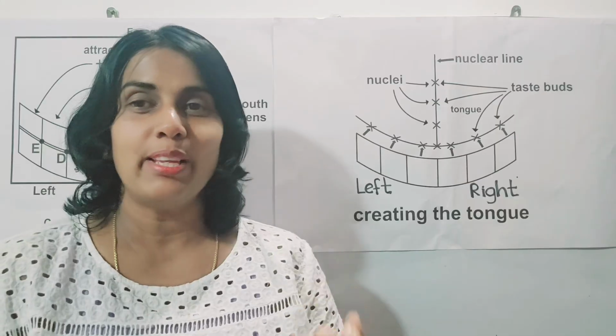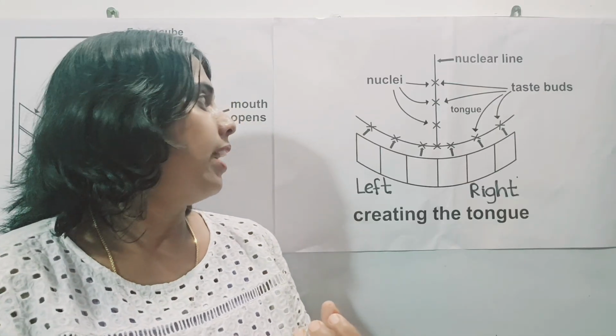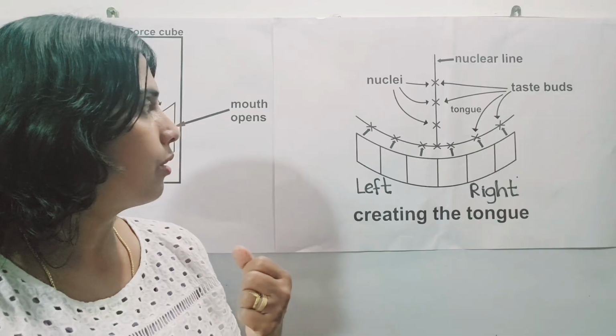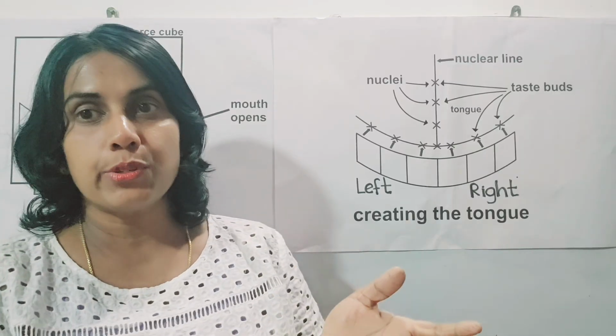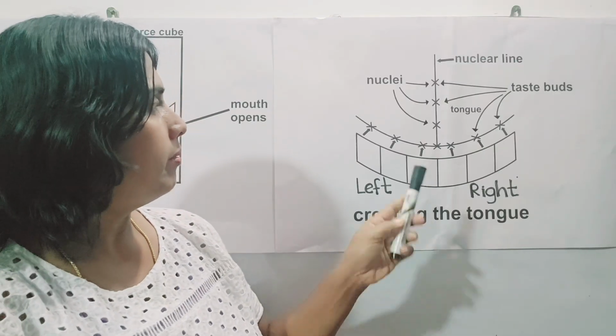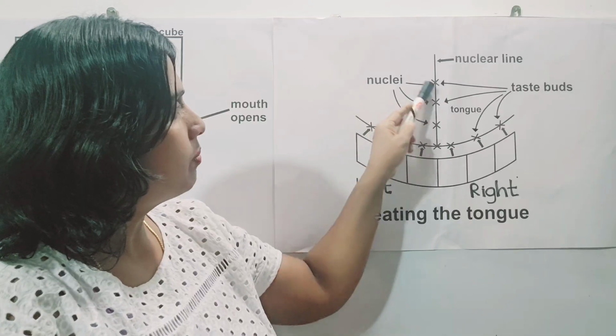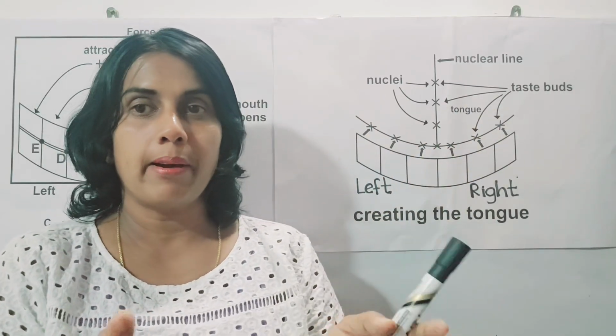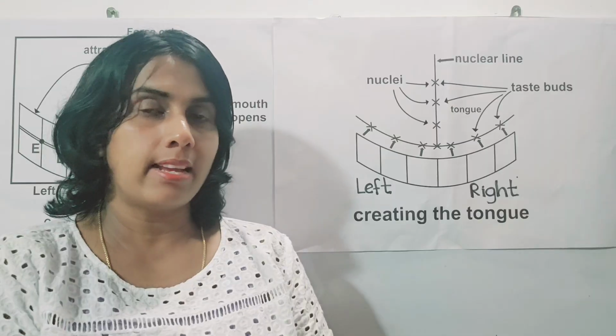The tongue also has a characteristic of dividing into two, this side and this side. The tongue has two main parts, left and right hand side.